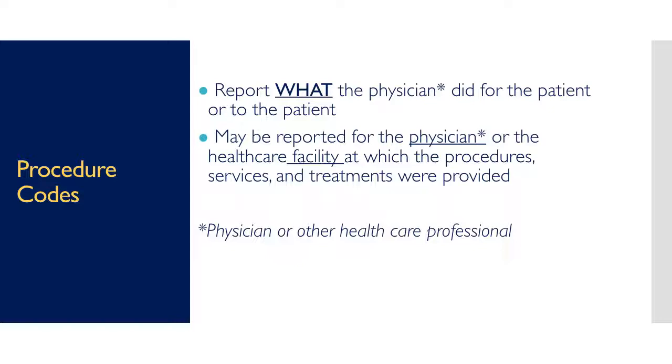The hospital provided the use of the room and its electricity, the use of the equipment that's in the room, and the clean sheets. Okay, so they need to get reimbursement and they need to have it reported that they did their part with regard to any particular procedure or service.